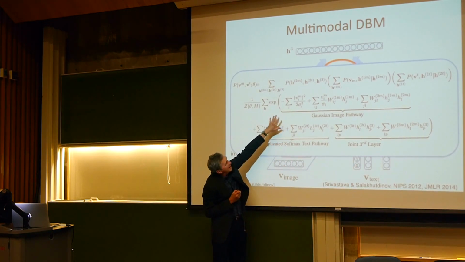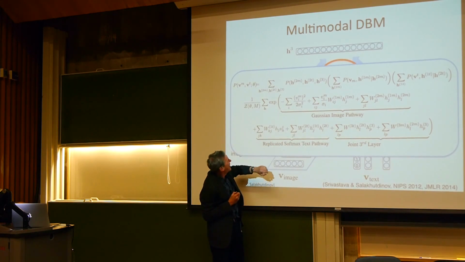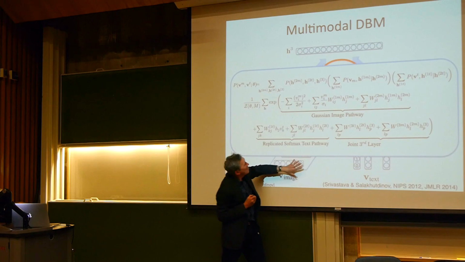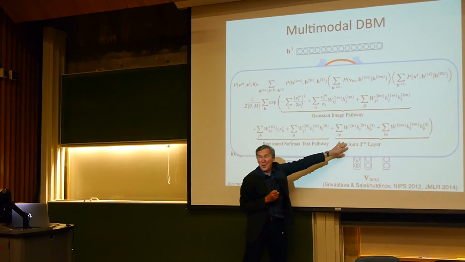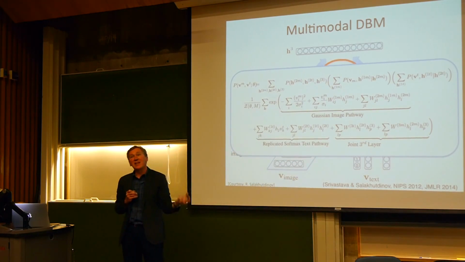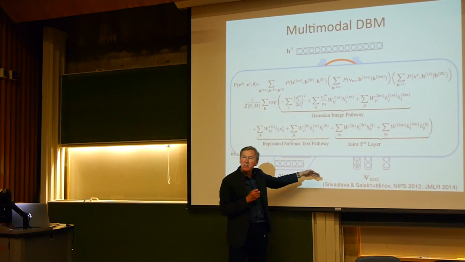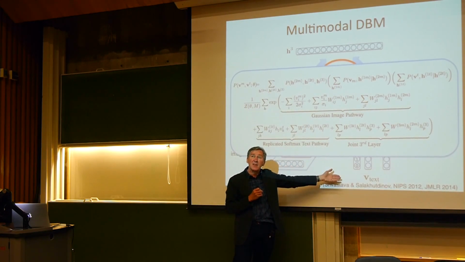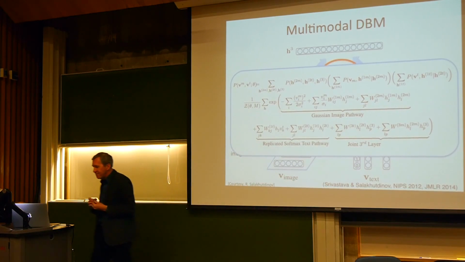And it's kind of a messy looking probability distribution. We won't go into the details, but it does have components which have to do with the image processing, the text processing, and the joint third layer. So again, the point is there's a probabilistic perspective on this that we can use to then ask the question, how would we train maximum likelihood or MAP estimates of the parameters of this network?